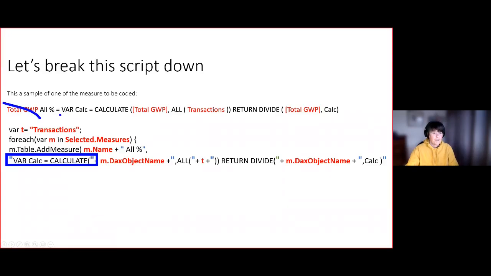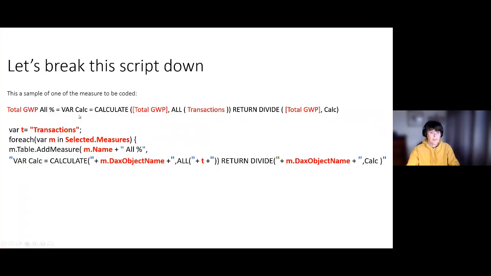Right. So now we have to create something that is going to return exactly what we're looking for. So we just need to state the first part of it, which is literally put in var calc blah blah blah, close it, plus this is then the selected measures in the model, select them, and if you just pay attention to what's up there, and then we're back into the plus, open the quotation marks, against the table transactions, because we variabled it earlier.